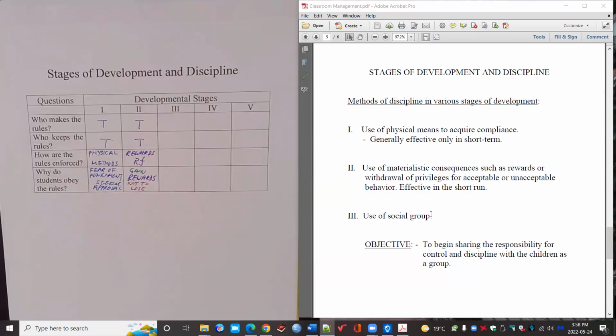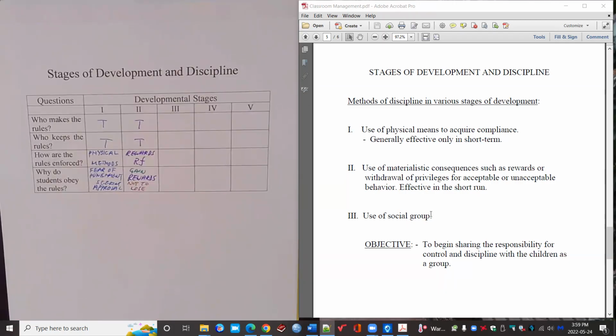All right. Now, the overall objective here is to begin sharing the responsibility for control and discipline with the students as a group. So using peer pressure, group conformity to achieve classroom management.